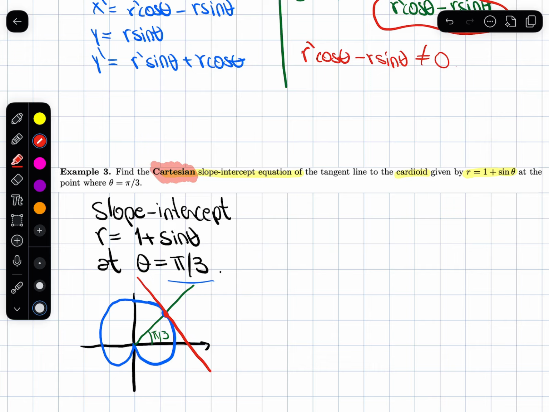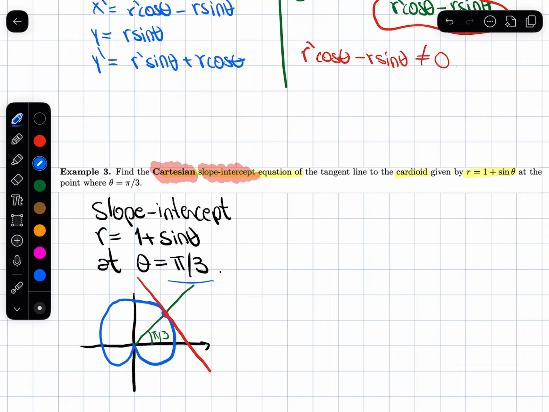So the answer needs to be a tangent line equation. That's the usual type of equation we know. Y equals mx plus b because it's asked for slope-intercept, or y minus y1 equals m times x minus x1 if it doesn't say, or if it wants point slope form. That is not always spelled out, but you have to know in context that this is what the problem means.